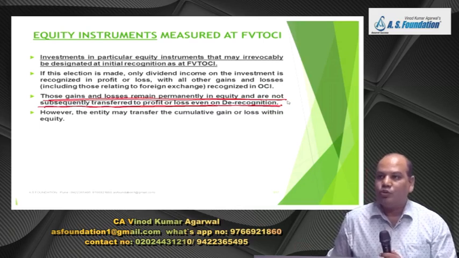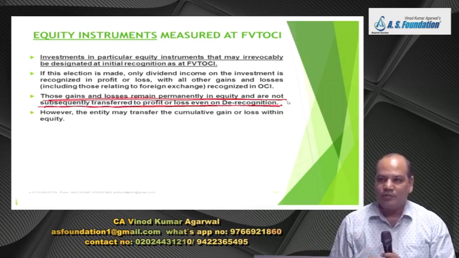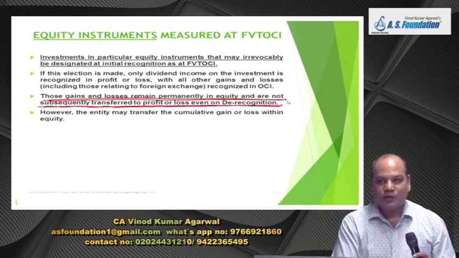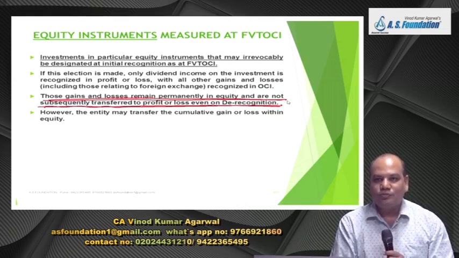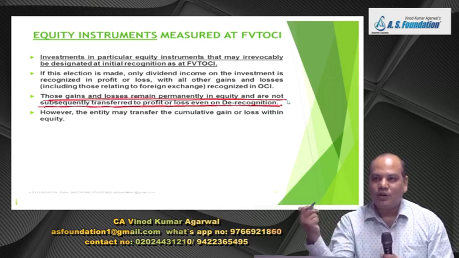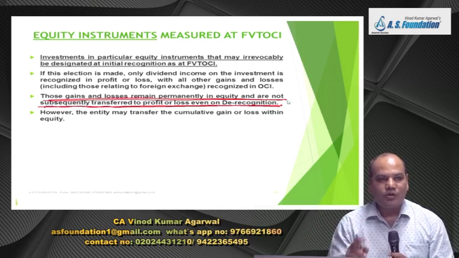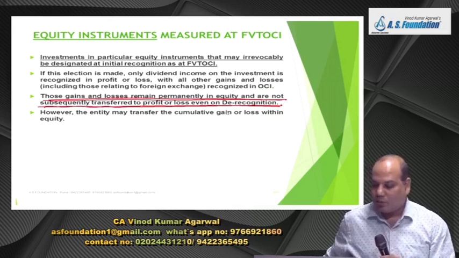So in OCI, there are two types of items, as you have learned in IS1: those which are subsequently transferred to the P&L account and those which are not. So this belongs to the second category, which is recognized in OCI but not subsequently taken to P&L. It will be transferred to another component of equity.